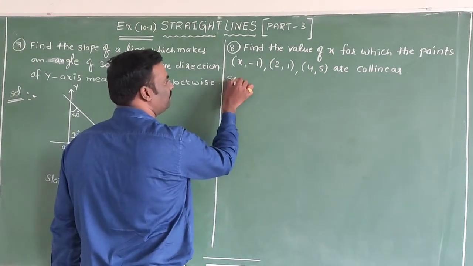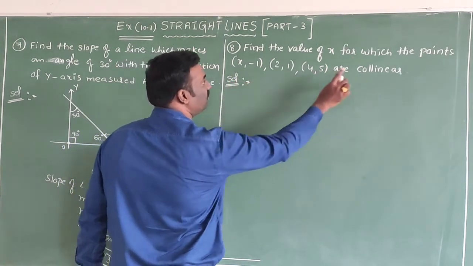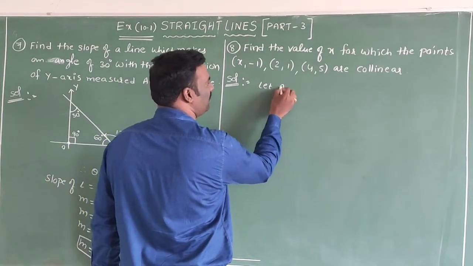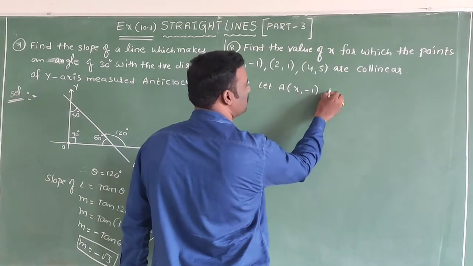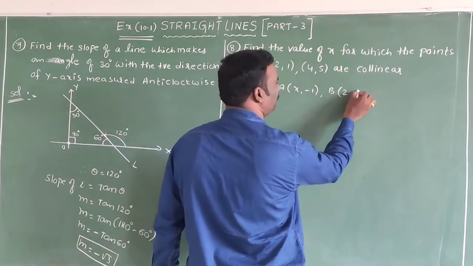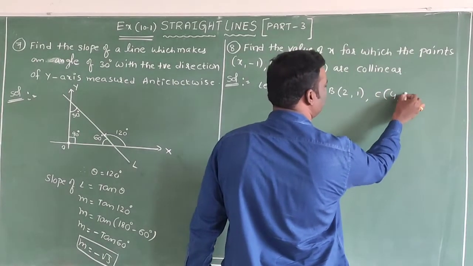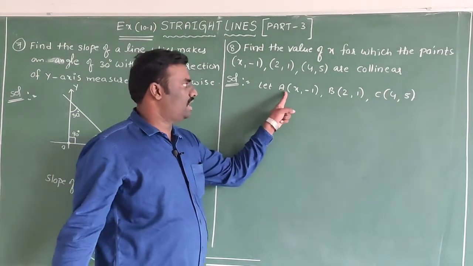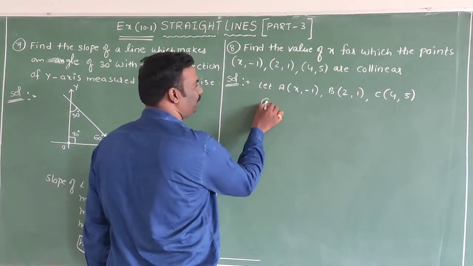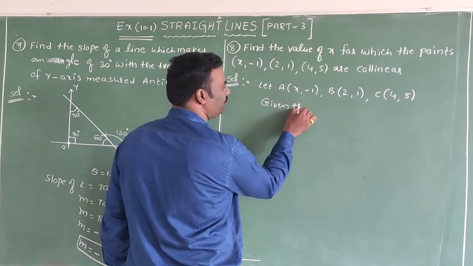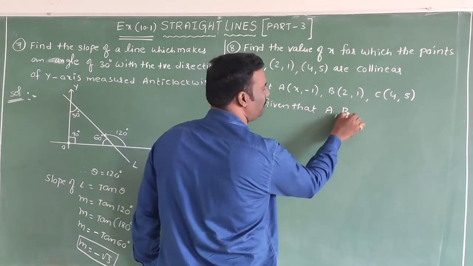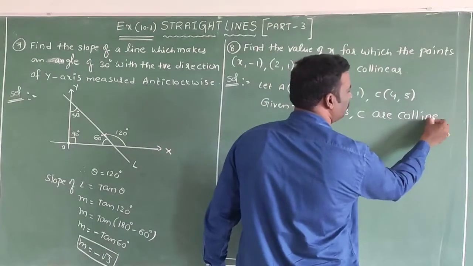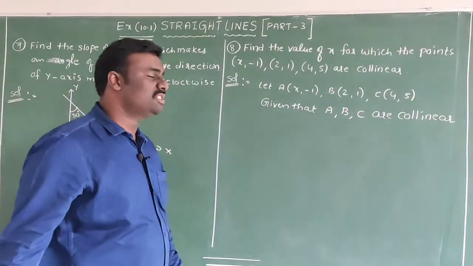Already in the previous session I explained the concept of collinearity. First I am taking the first point as capital A, the next point as capital B, the next point as capital C. Now, if A, B, C are given as collinear, what is the definition of collinearity?